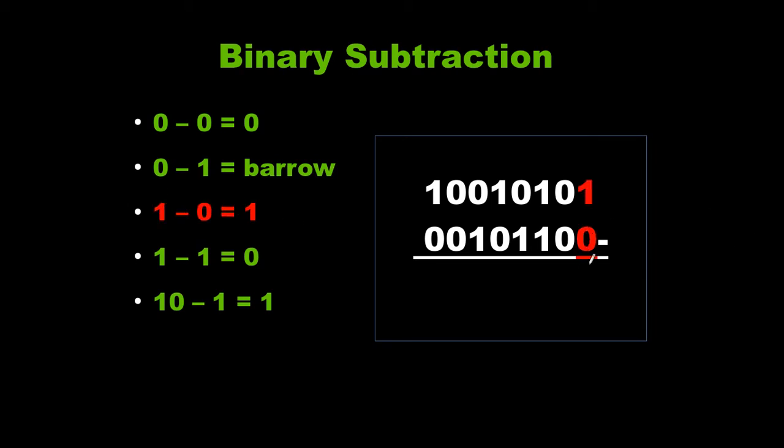Now 0 minus 1. In this case, we can't subtract 1 from 0, so we have to borrow from here. So now this is 0. But how much did I borrow? I didn't borrow 1. Think of it as I borrowed 2, or 10. That's why I had it here.